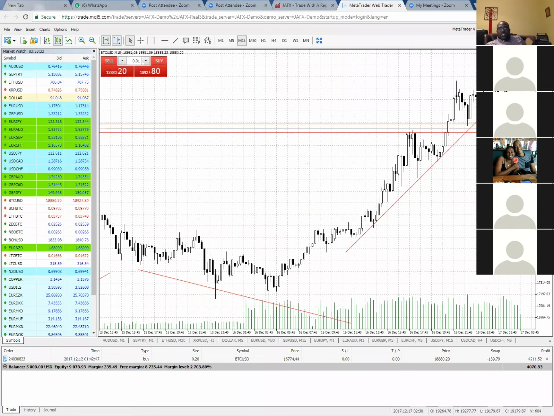We could potentially see a touch and a slight reversal here. If it doesn't completely reverse, it's then going to go and test another key area, which is this area right here, to see if that area is going to hold. So I personally stay away from markets that look exactly like this.